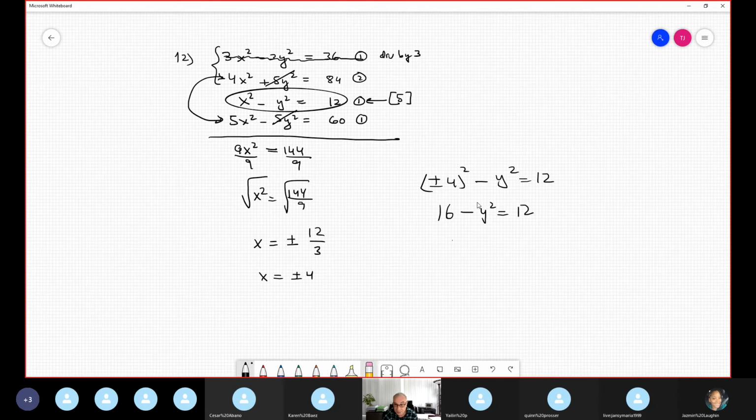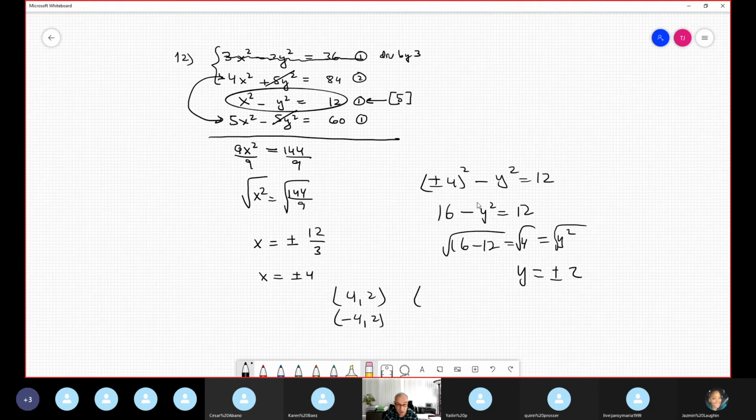Now, 16 minus 12 is 4 equal y squared. Apply square root both sides. y is equal plus or minus 2. And we have 4 solutions actually, que es 4, 2, negative 4, 2, 4, negative 2, and negative 4, negative 2.